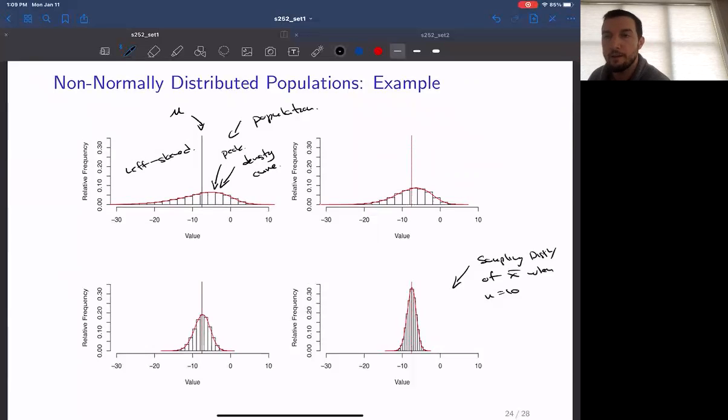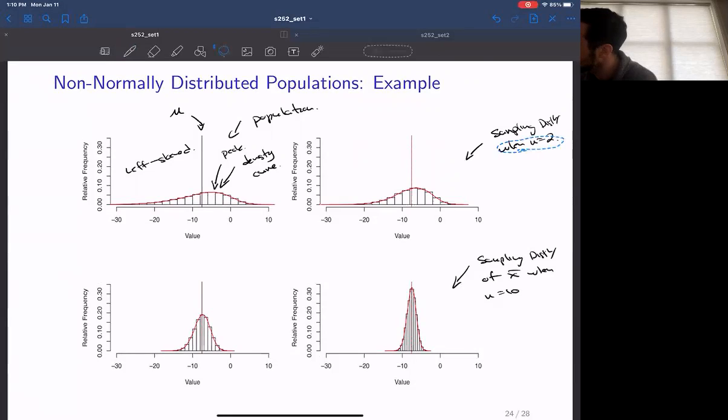Okay, so what is the effect of taking samples of increasing size from this non-normal distribution? Well, here we start off with the sampling distribution of x bar when n equals 2.